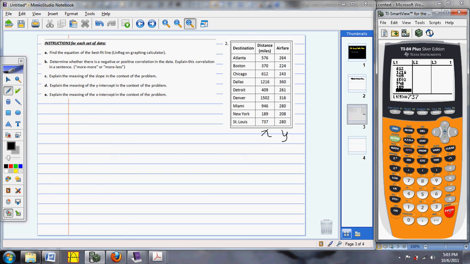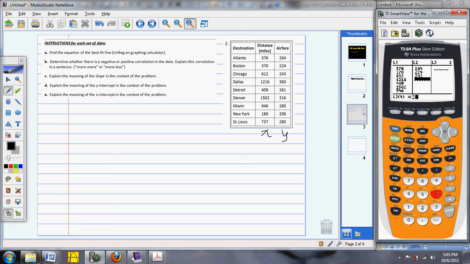737. Okay. Once you've got all of those typed in, you can go over and type the other values into L2. These are the y values, and you have to make sure that the x and y values are paired as in the table. Make sure that they're also paired in the table in your calculator.